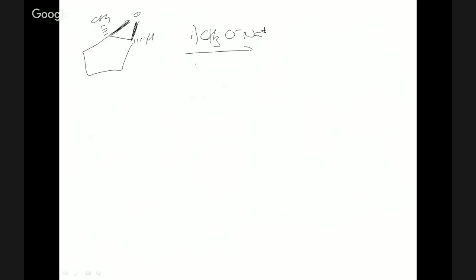You can put in the lone pairs, step 1, step 2. Again, this means it's all in the same flask. So we add this for a period of time, let it do its magic, and then we add the water, and we get out this product. Only. Notice the H is on the opposite side of the molecule. That's what we mean by inversion.